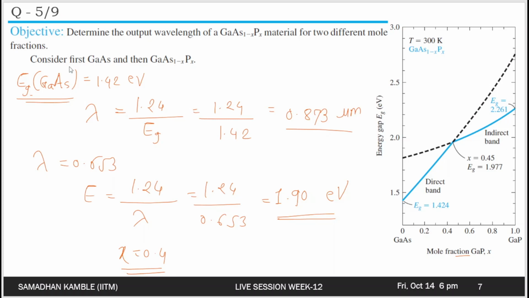So gallium arsenide cannot be a material for photons in the visible range. For that, the energy band gap has to be higher.